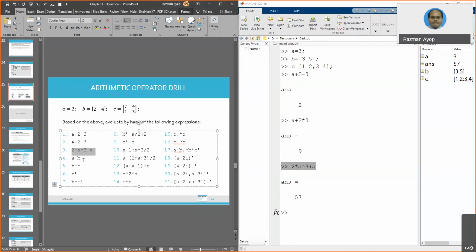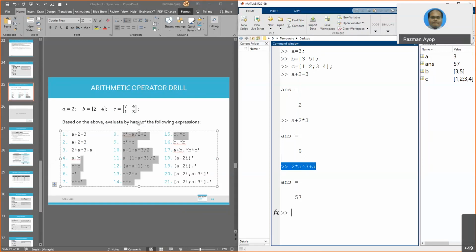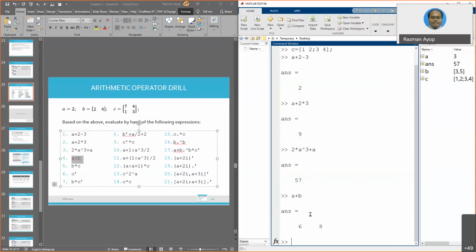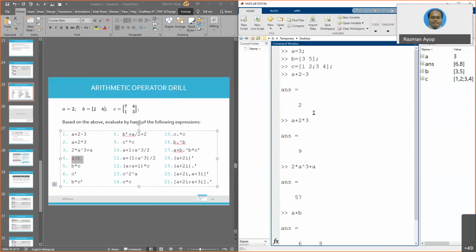Okay, so next example is A plus B. When A plus B, you just add for each element.